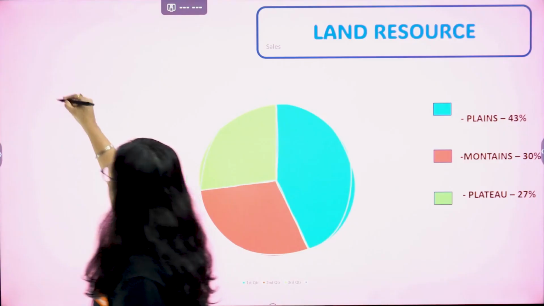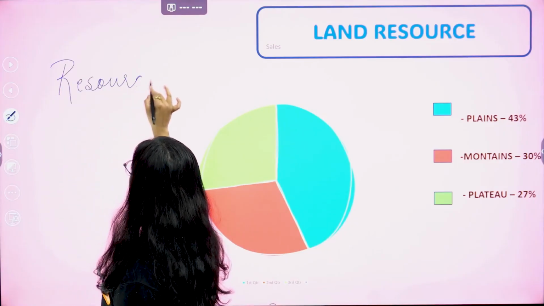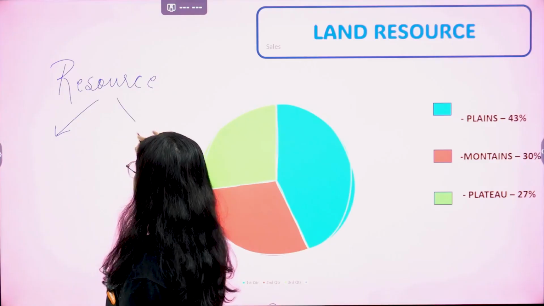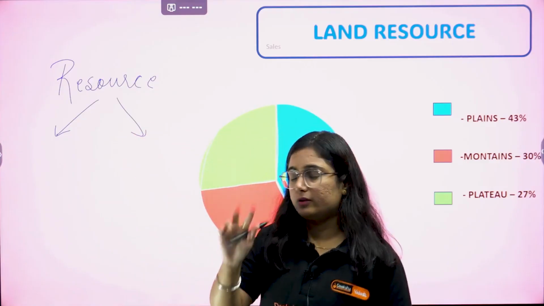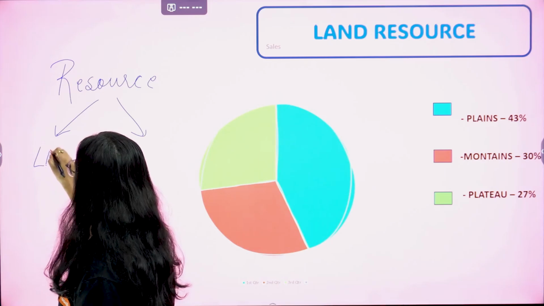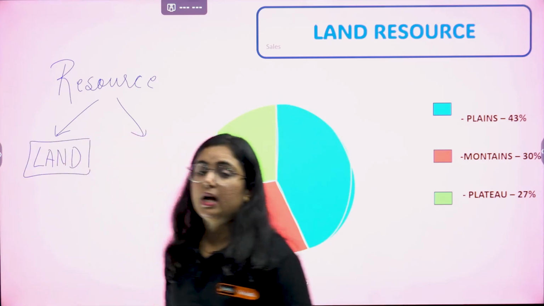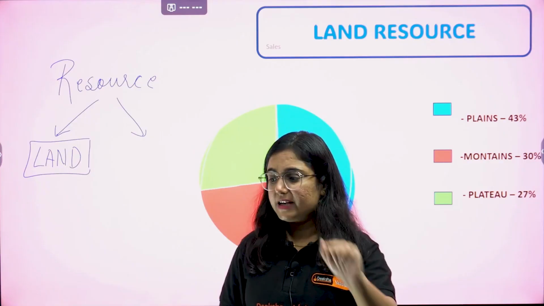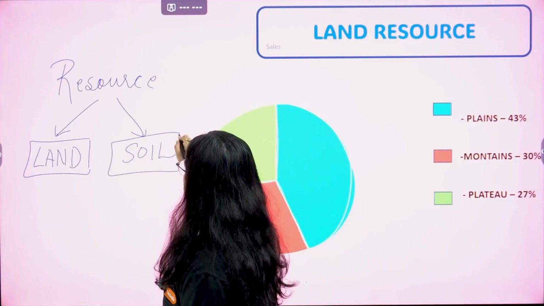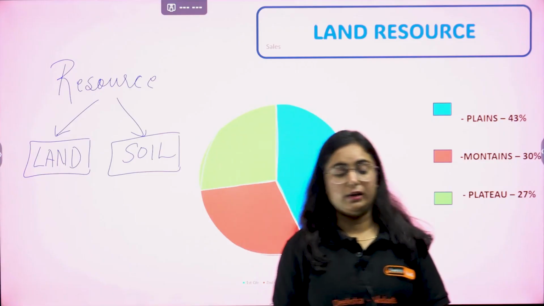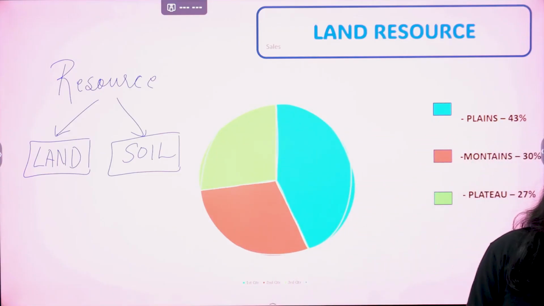Now, in this chapter you are going to read about 2 important resources. One among them is land resource, and the other is soil resource.